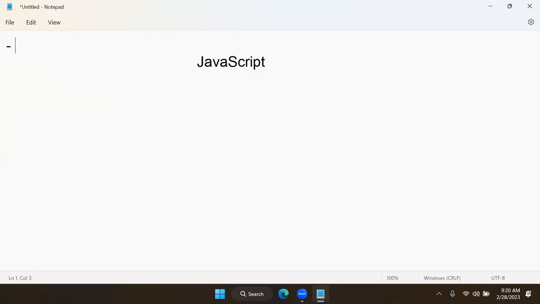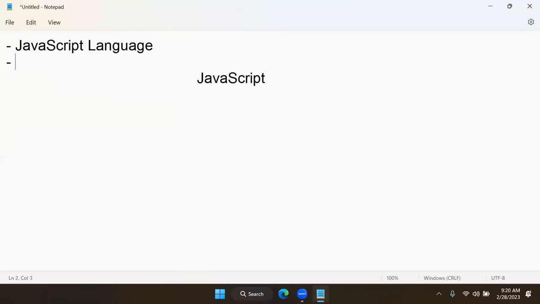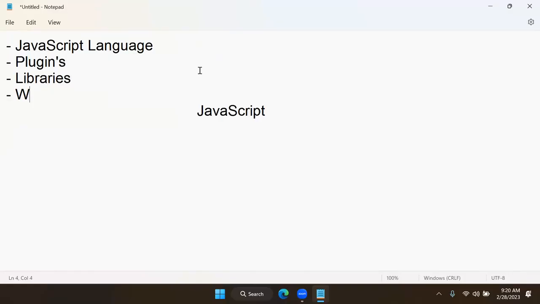Yesterday we discussed the concepts we are going to learn: the JavaScript language, JavaScript plugins, JavaScript libraries, JavaScript widgets, and various JavaScript-related APIs. These are the key concepts.